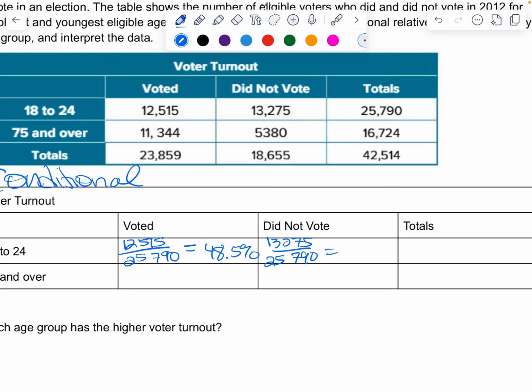So this is the conditional relative frequency. And this will come out to 51.5%. And then this is the 25,790 over 25,790. And that'll get me 100%. So the conditional relative frequency.